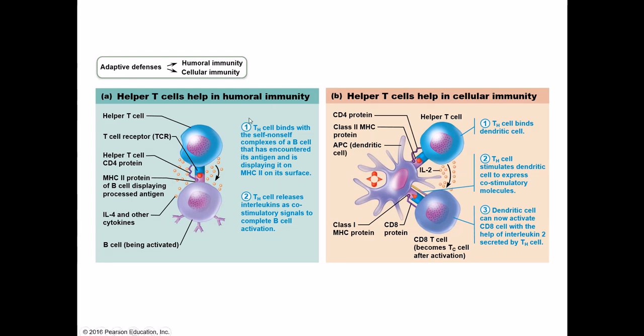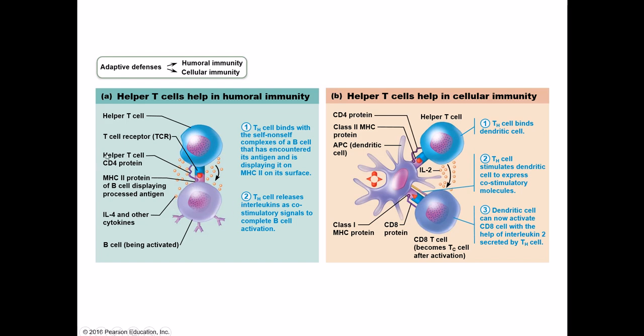So here, let's look at humoral immunity. Here's our little helper T cell, and here is a B cell that has an antigen that it's processed, that it's engulfed, and some of the cytokines, the chemical messengers created and secreted by this helper T cell, help the B cell activate into a plasma cell that could then eventually secrete antibodies that could fight against this particular antigen.